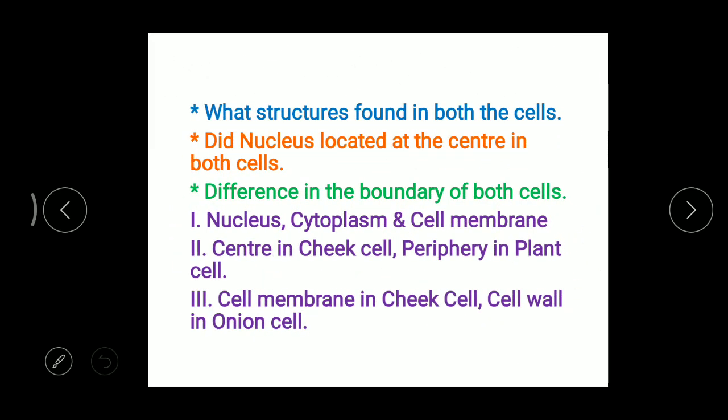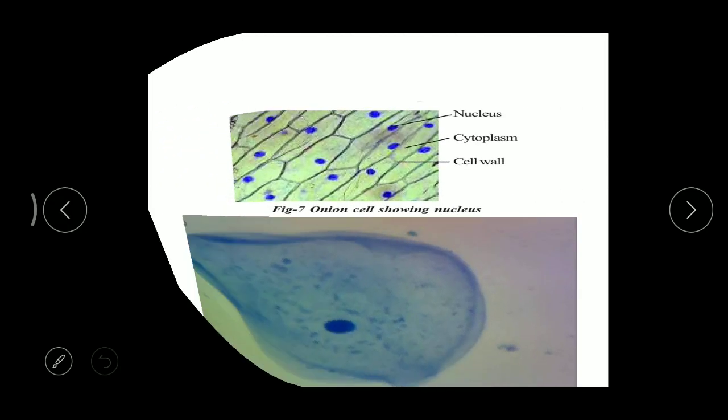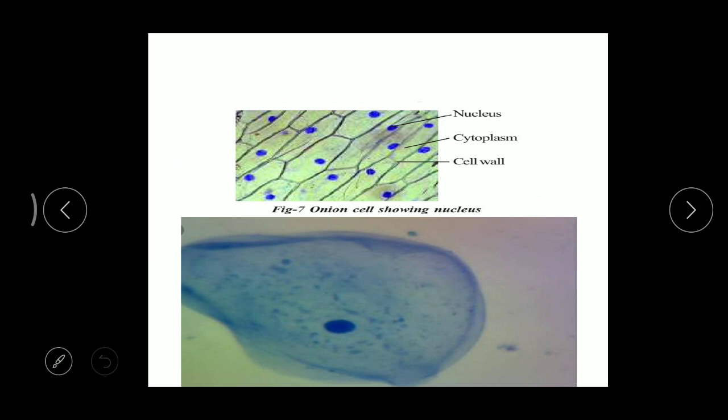Is the nucleus located at the center in both the cells? Observe these two. Can you see that the nucleus is present in the middle in both the cells? No. In the human cheek cell, that is the animal cell, in all animal cells the nucleus can be seen in almost the middle of the cell, at the center.